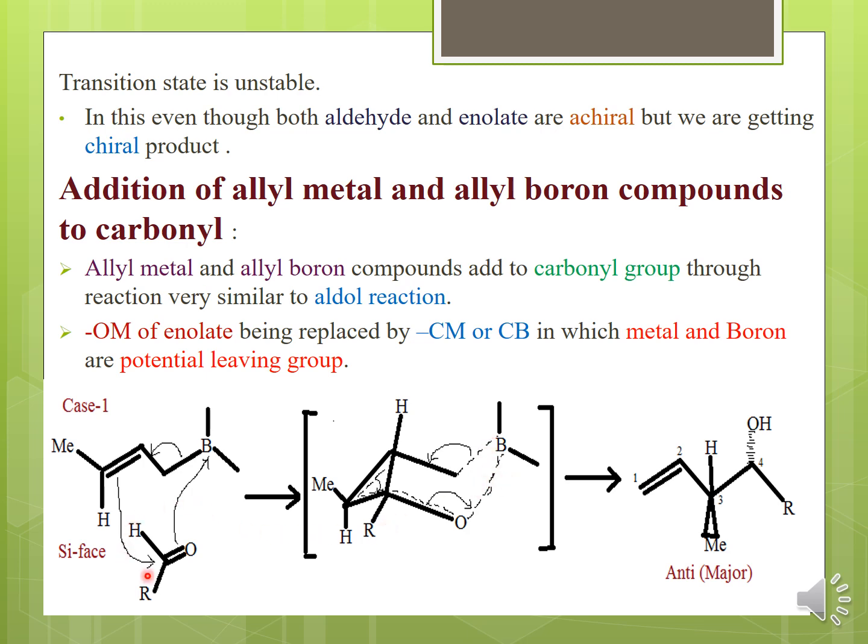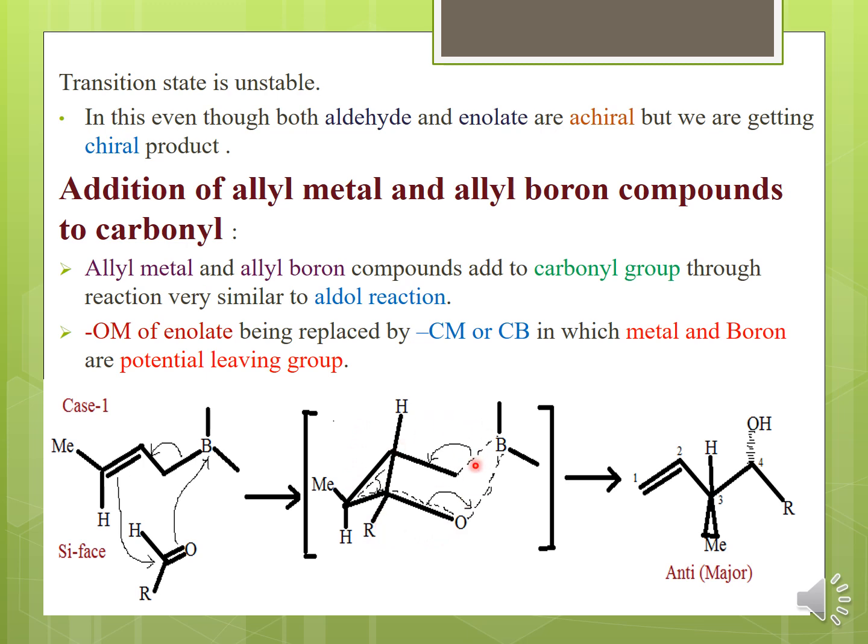Here you are taking the Si face aldehyde, right? Remember, whenever there is a Si face, it is an anti-clockwise view of your aldehyde molecule. So this alkene bond will go and attack the carbonyl compound. This bond shifts and makes one bond over here, and there is a formation of one transition state. Then this bond again shifts over here, and after that you get one transition state.